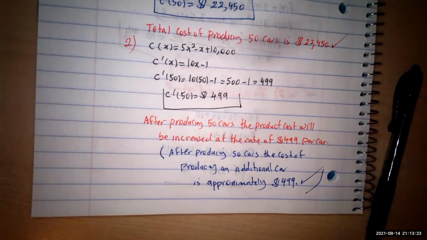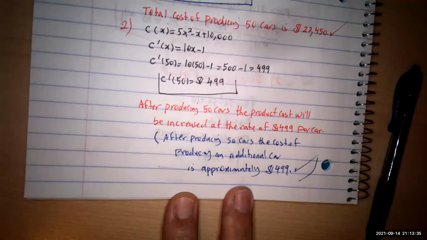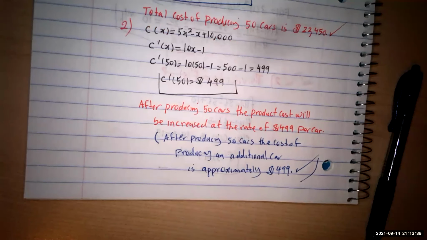There is a third part for the problem in your book, and we have one of them on that practice one. They want to confirm it. So this is an estimate of cost. Then they ask you, what is the exact cost? What is going to be the exact cost of producing an additional car?